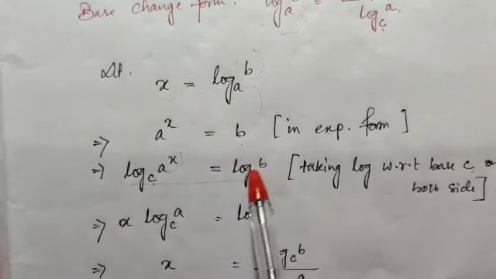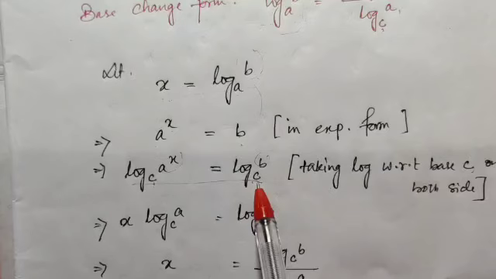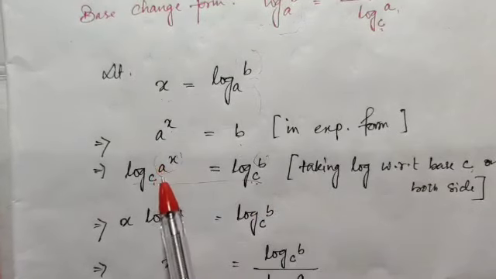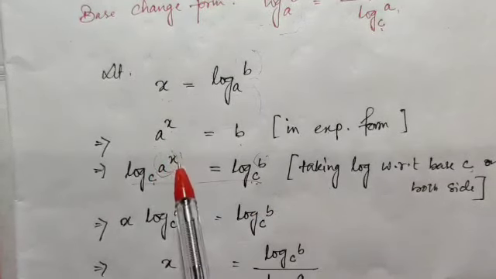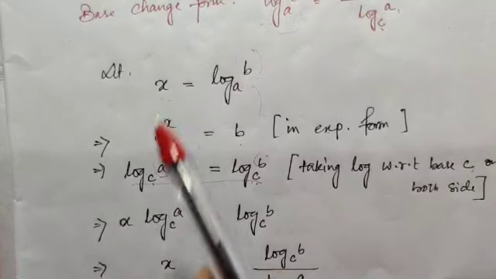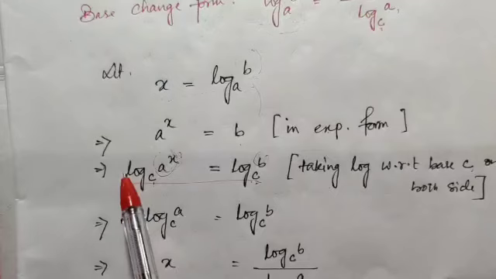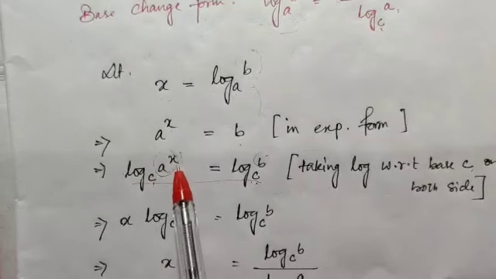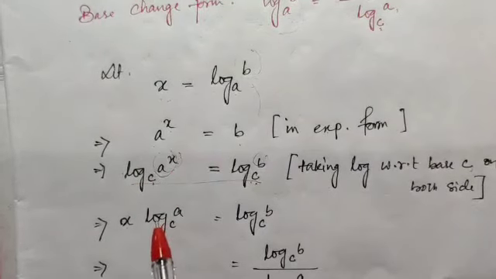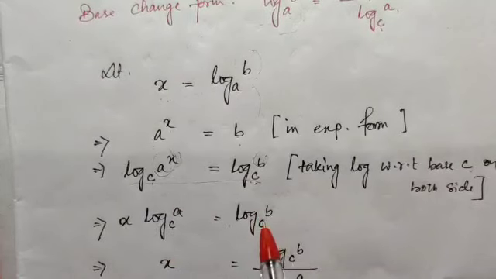And log b, this is the argument and the new base is c. In this argument we have power x. We learned the power rule in the previous proof, that power will come in front of the log. So by that rule x will come in front, then we have log a with respect to base c is equal to log b with respect to base c.